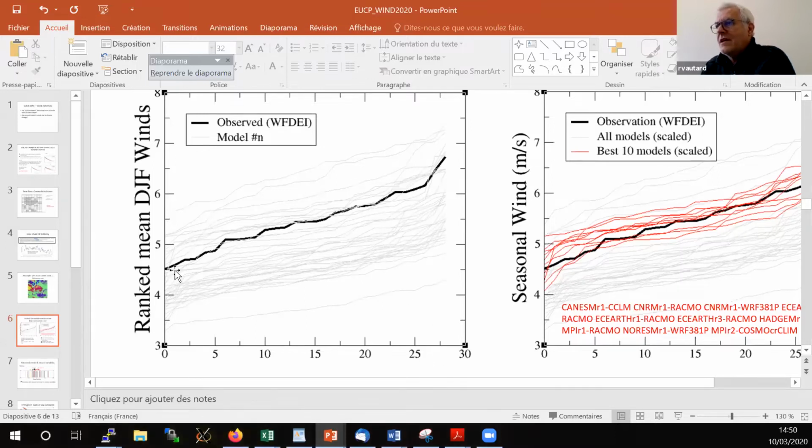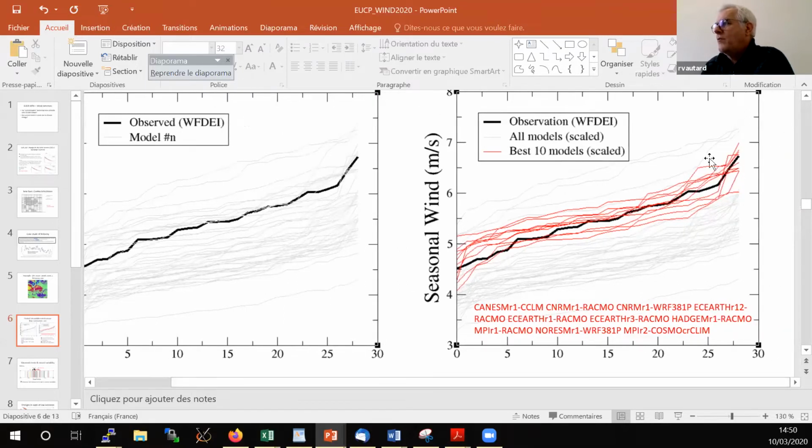What is interesting is that now we have so many models, with this large ensemble, that the question is whether we need bias correction or not. This is a tricky question that we are debating, but we can also just select the models that are representing well this kind of distribution. This is typically what we end up with, the best 10 models.